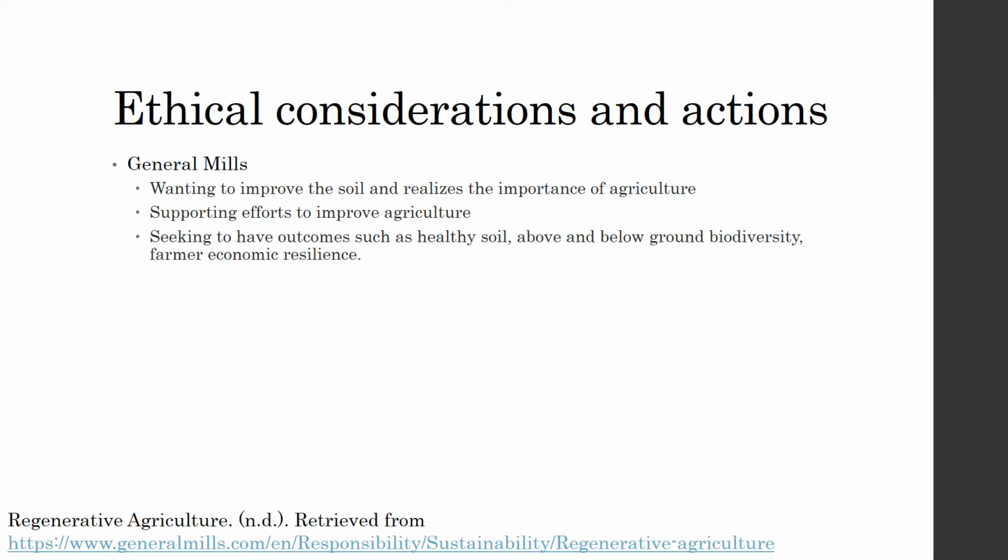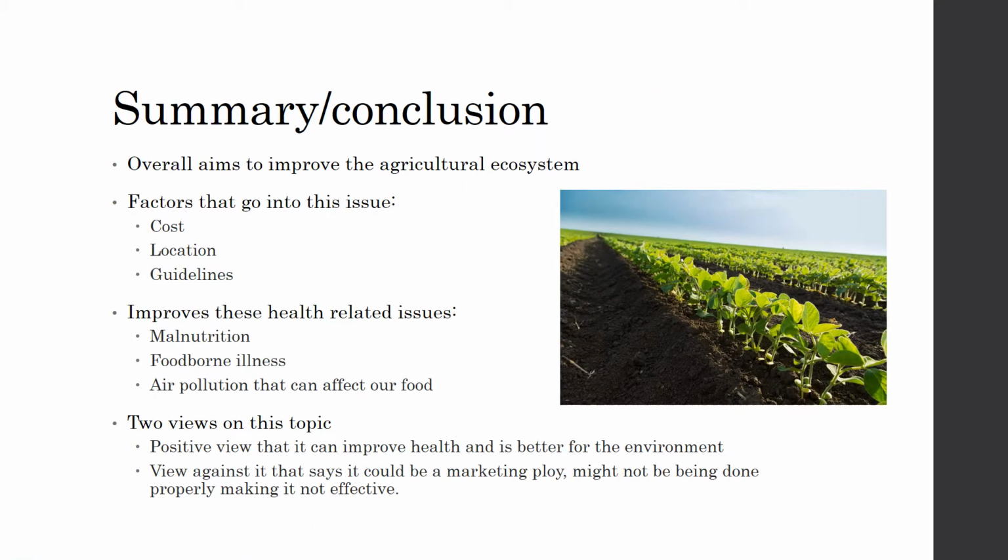They are supporting the efforts to improve agriculture. They are really seeking outcomes such as healthy soil, above and below ground biodiversity, and farmer economic resilience. So this company has put a positive impact on this type of agriculture, and really feels that it is important.